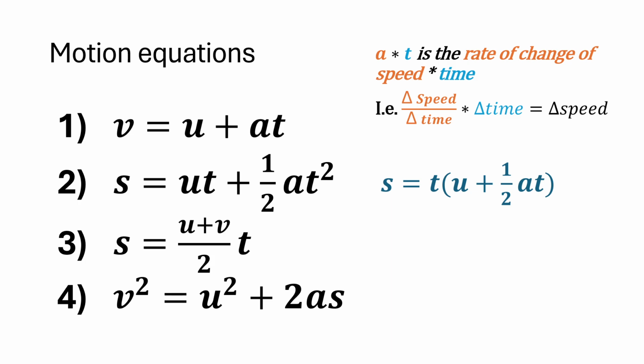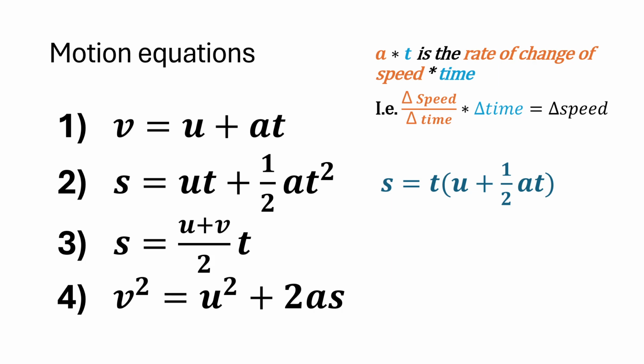So u plus v over 2, similar to our second equation, we can view as our average speed, because that's what it is. We have a constant acceleration, so the initial velocity plus the final velocity over 2 will give us the average speed. Multiply that by time, we get our displacement.